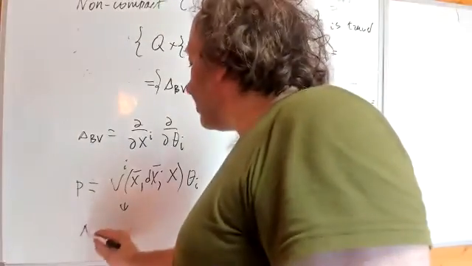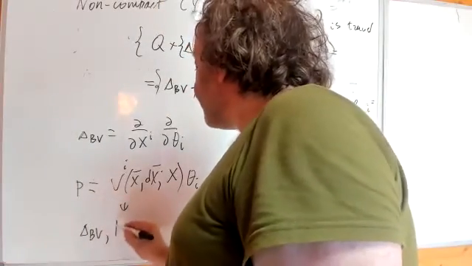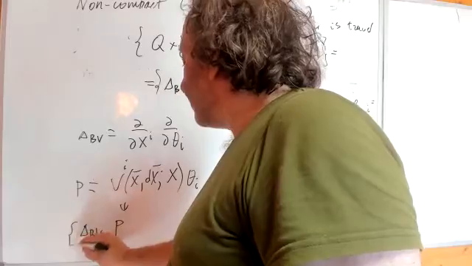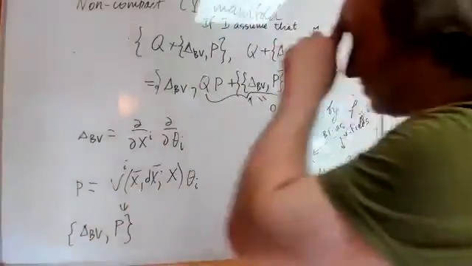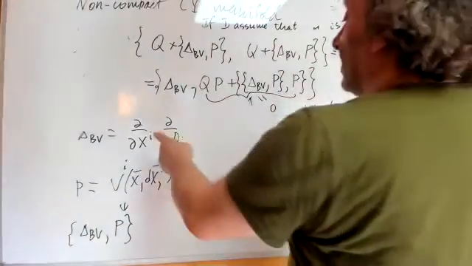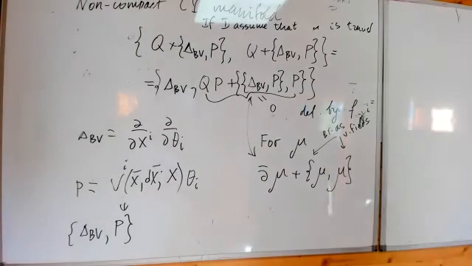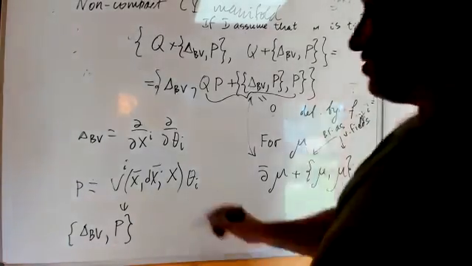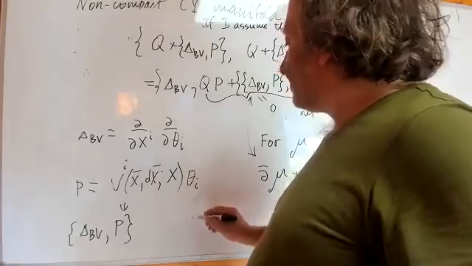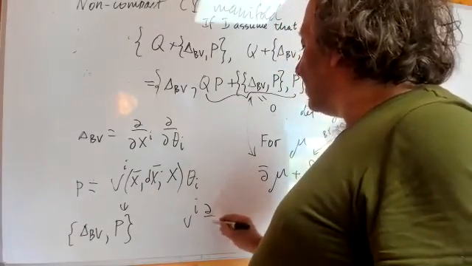Then, what is delta BV on P? It takes one d over d theta and makes it a vector field. So the structure would be like v^i d over dx^i.